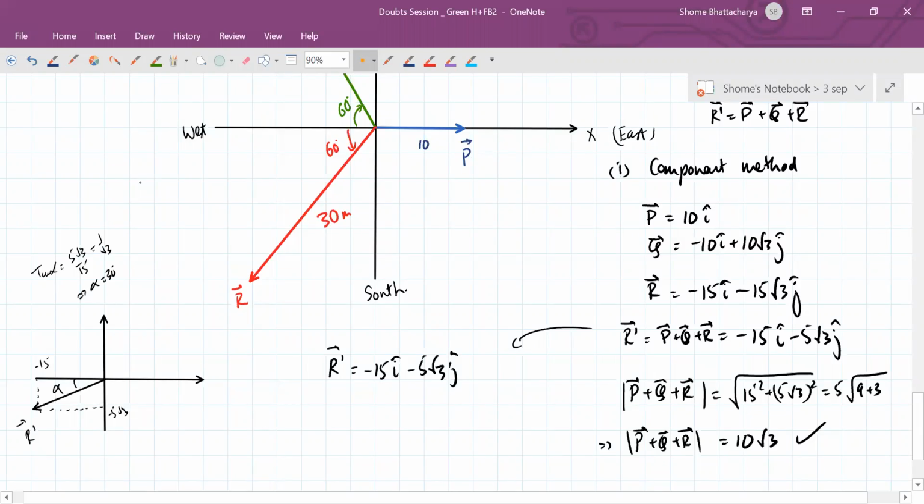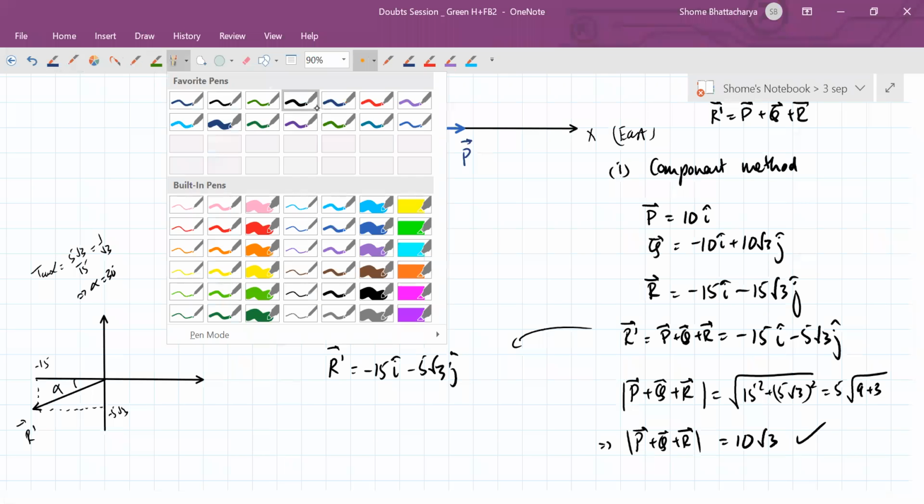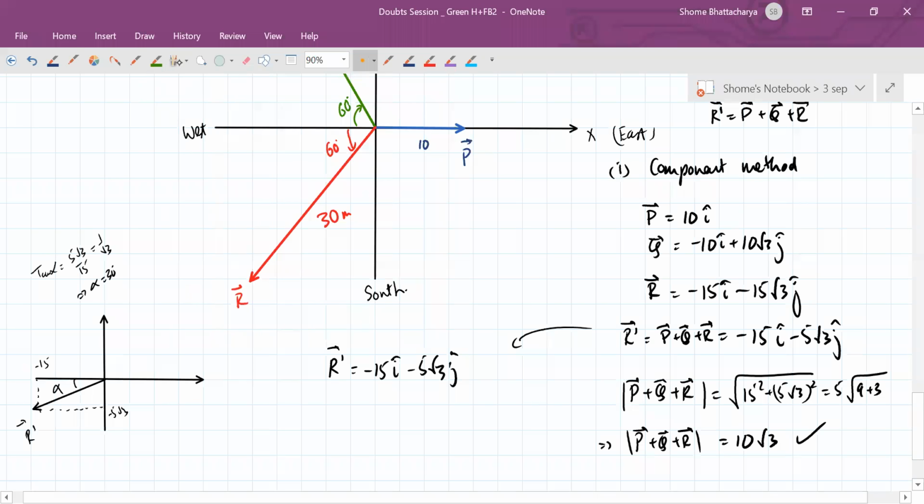Okay. So now if you compare it with the vector P, it's very easy to understand what kind of direction it is making. So the vector P itself in the same diagram was here.